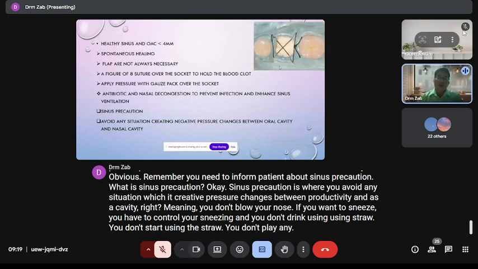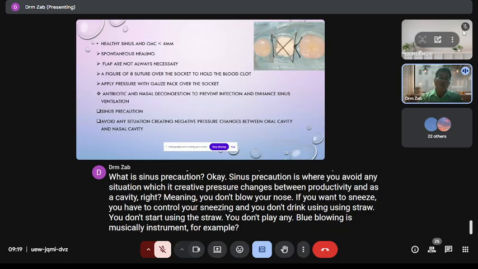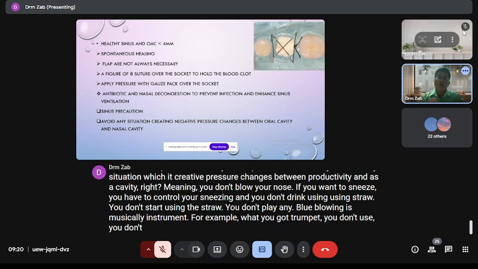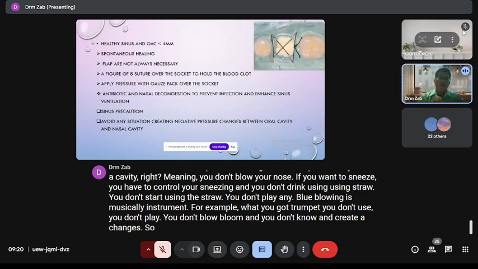You don't play any blowing musical instrument, for example, trumpet. You don't play that. You don't blow a balloon, because that can create pressure changes. So this is what we call sinus precaution.